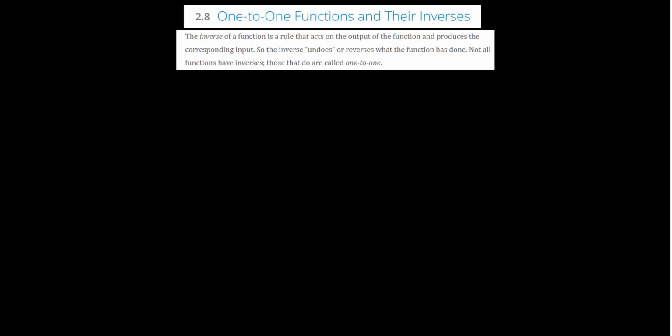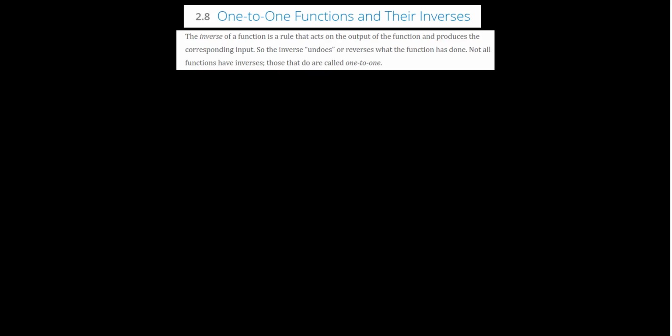The inverse of a function is a rule that acts on the output of the function and produces the corresponding input. So basically, you think about inverse, right? Inverse is, you just kind of reverse it. So normally if you're going left to right, if you invert it, you go right to left. So that's essentially the thought process here. So the inverse undoes or reverses what the function has done.